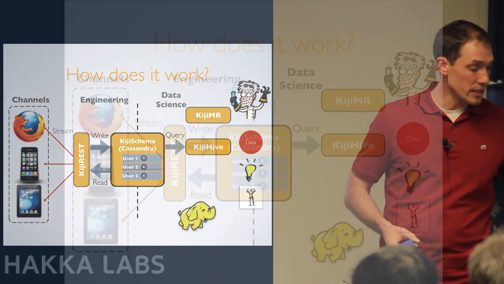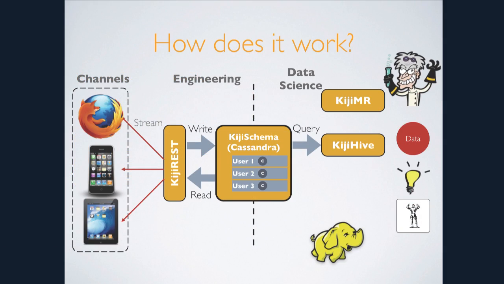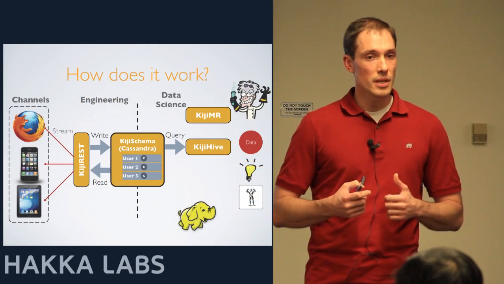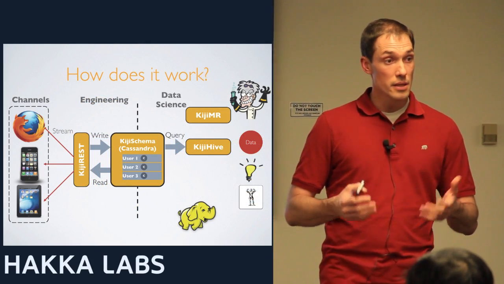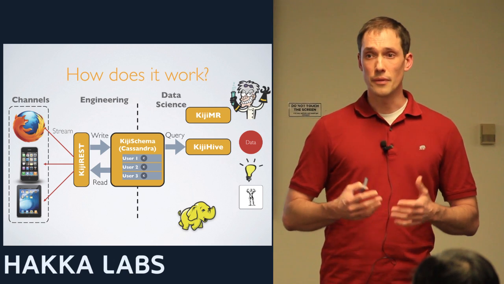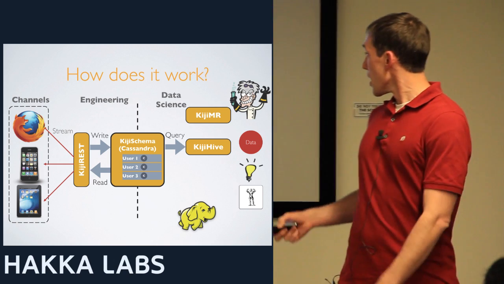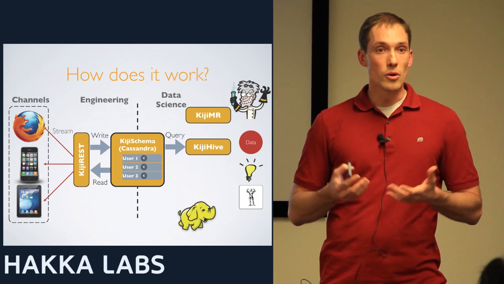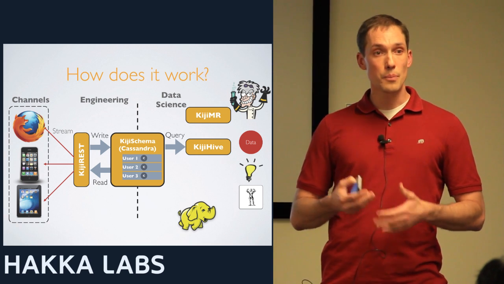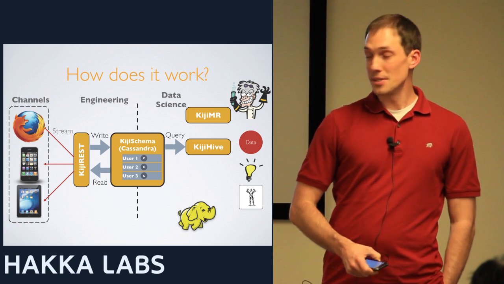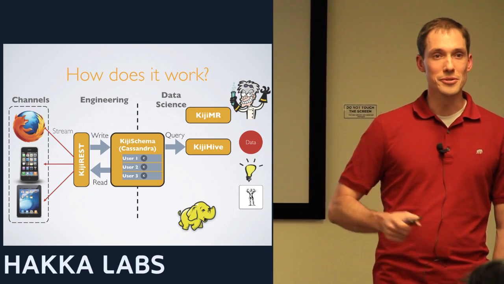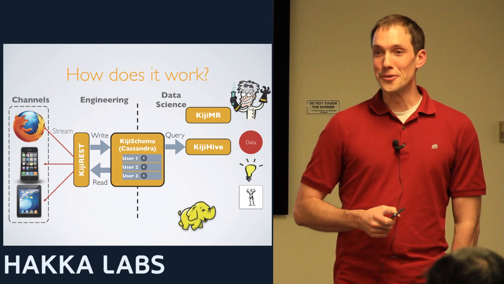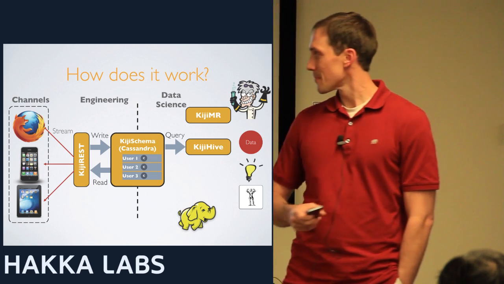In Qiji MR, we have a library of different predictive and machine learning models. So k-means, naive Bayes, item-item collaborative filtering, things like that. But this is very powerful, and it's very flexible, but it requires the data scientists to be comfortable with Java, which is not usually the case, and anyone who's used Hadoop knows it's not the most user-friendly tool.